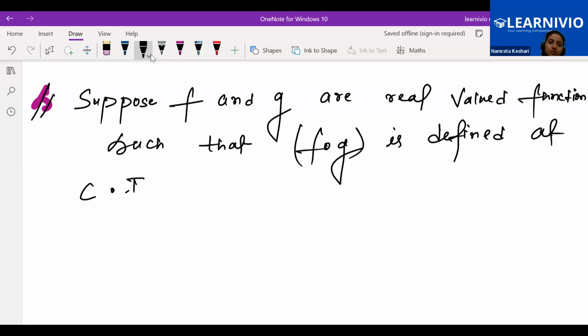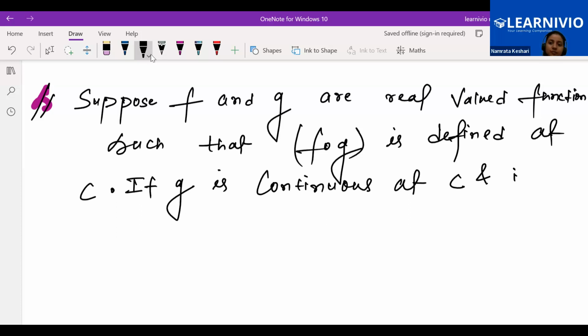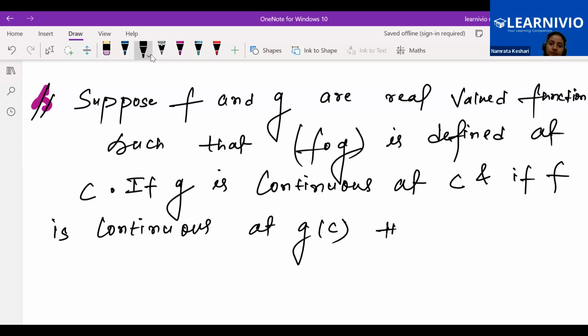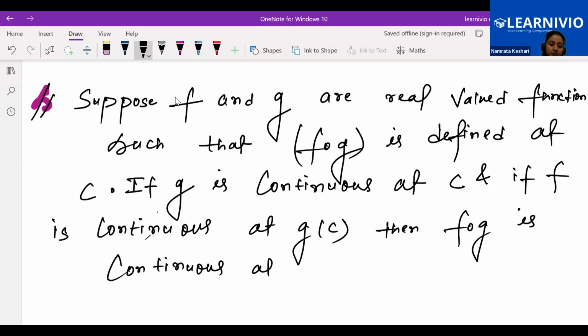If g is continuous at c and if f is continuous at g of c, then f naught g is continuous at c.